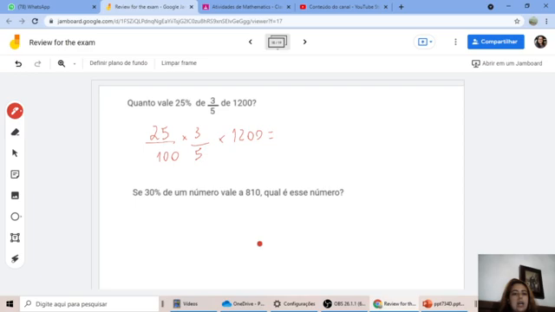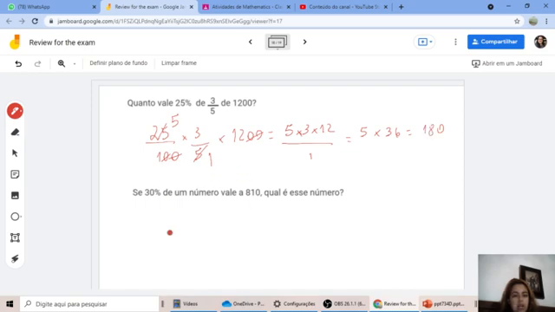I can simplify by 100 here, right? So I'll have 5 times 3 times 12 over 1. Yes? Then I will have 5 times 36. 5 times 36, 30 goes 3. 5 times 5. 5 times 3, 15 plus 3, 18.